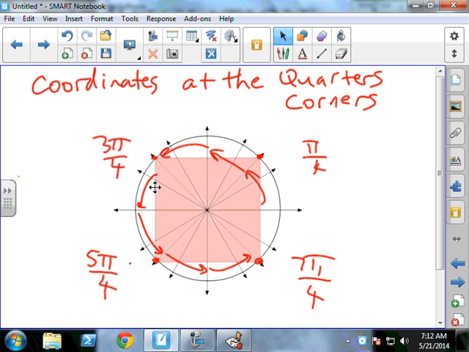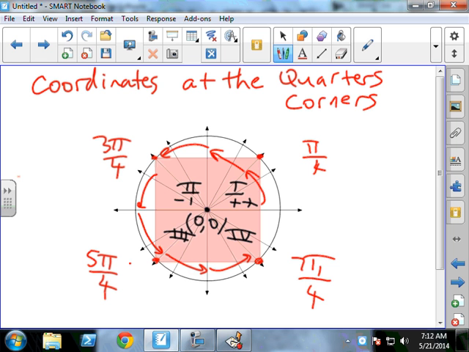So let's look at the coordinates of this, and let's use a little bit of what we know about the Cartesian plane to help figure this out. So respective to the Cartesian plane, we've got the origin here. We've got quadrants 1, 2, 3, and 4. And we know the signs are plus, plus, minus, plus, minus, minus, and plus, minus. Okay? So that should help us because check it out. With our 45-degree reference triangle, we had rad 2 over 2, rad 2 over 2.